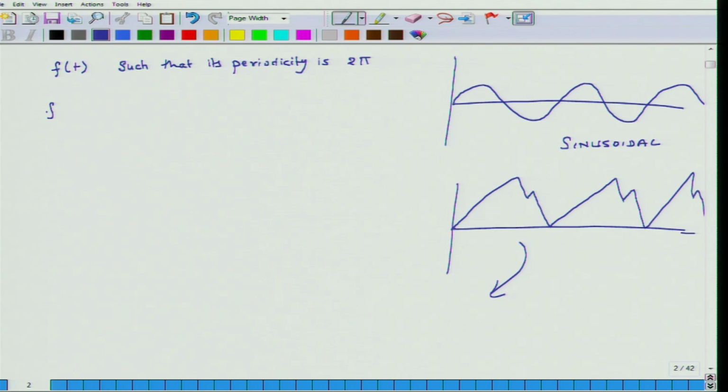Then I can express f of t as a constant plus a series of sums of cosine functions and sine functions. Excuse me, this should be t.